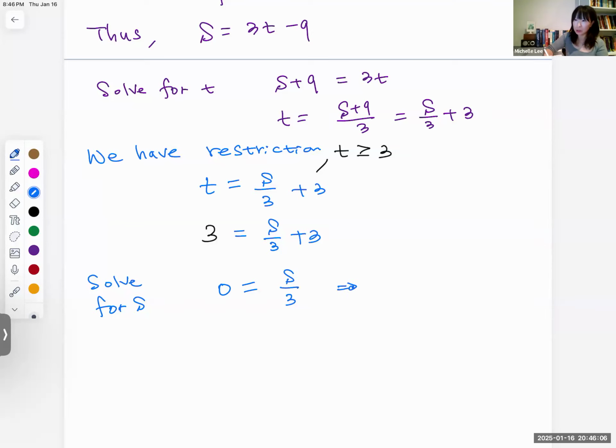So s equals 0. So we say that s is greater than or equal to 0 when t is greater than or equal to 3.